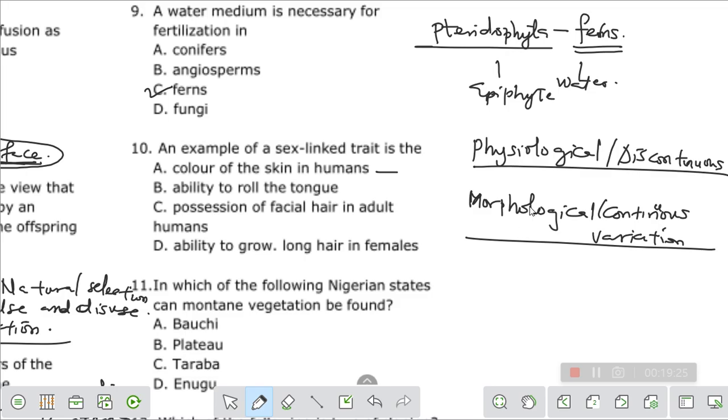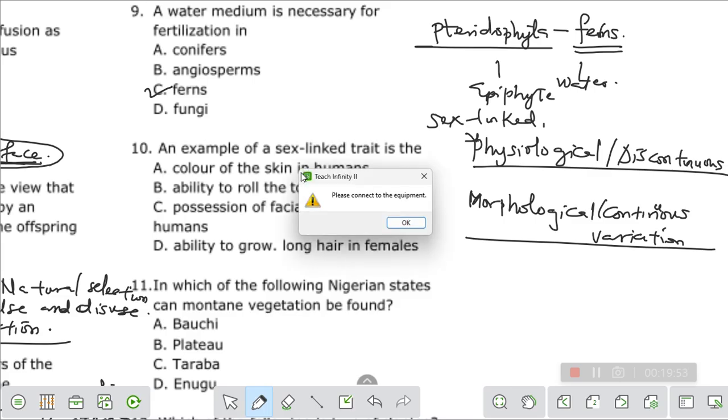Now, they said an example of a sex-linked trait is A, color of the skin in humans. You know that one has to do with morphological variation, because it's something you can see. Another one is the ability to roll the tongue.